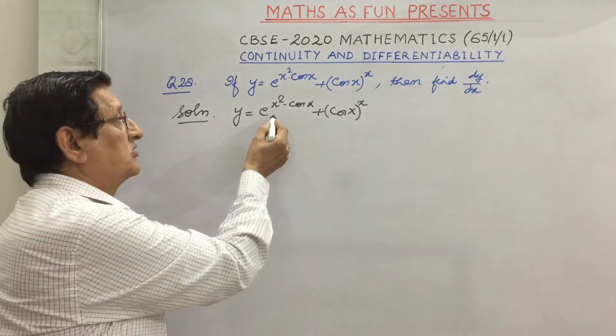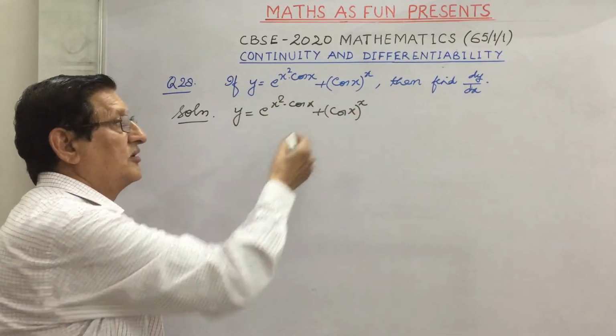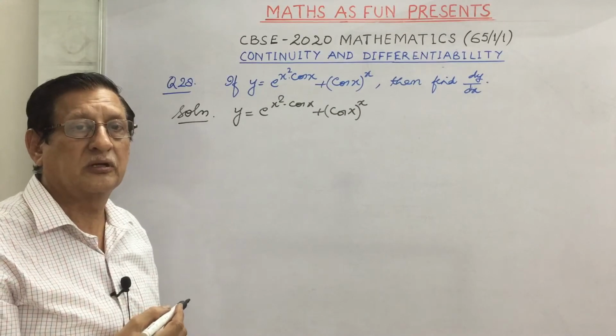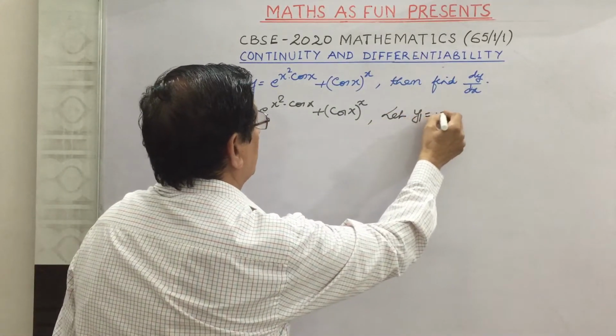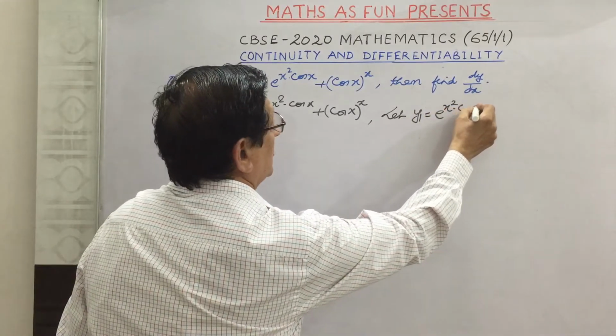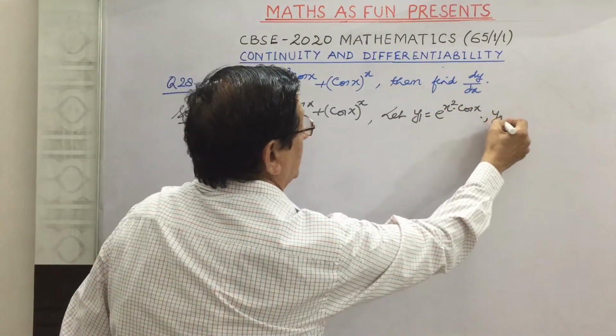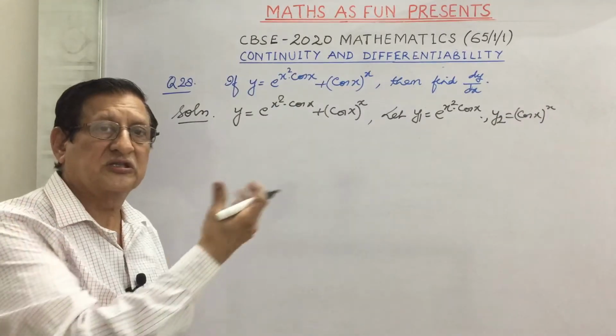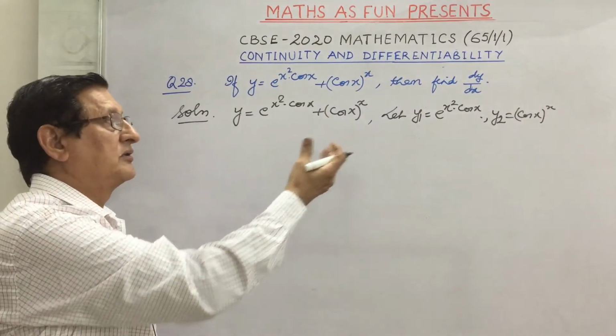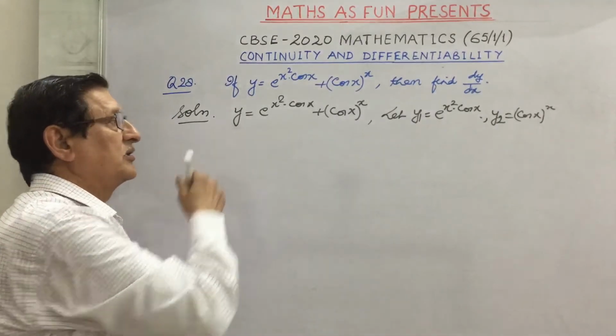We can consider this part as y1 and this as y2 to differentiate them separately. So we can write here, let y1 is equal to e to the power x square into cos x and y2 equal to cos x whole power x.